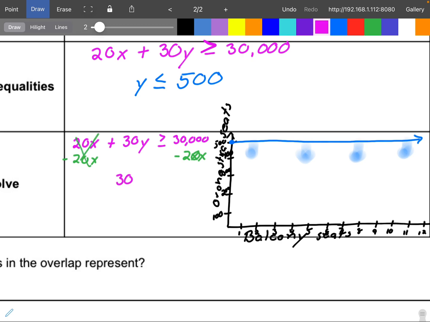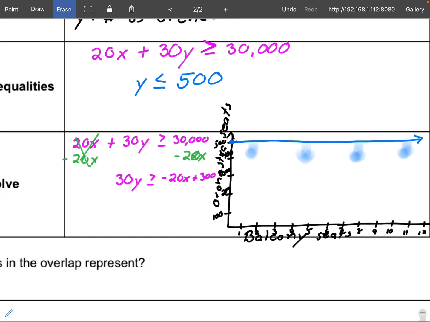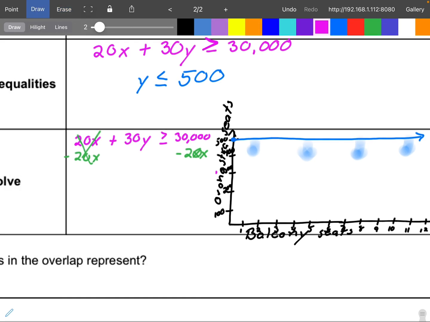That leaves me with a positive 30y greater than or equal to negative 20x plus 30,000. I did not give myself much room, so let me move that over.